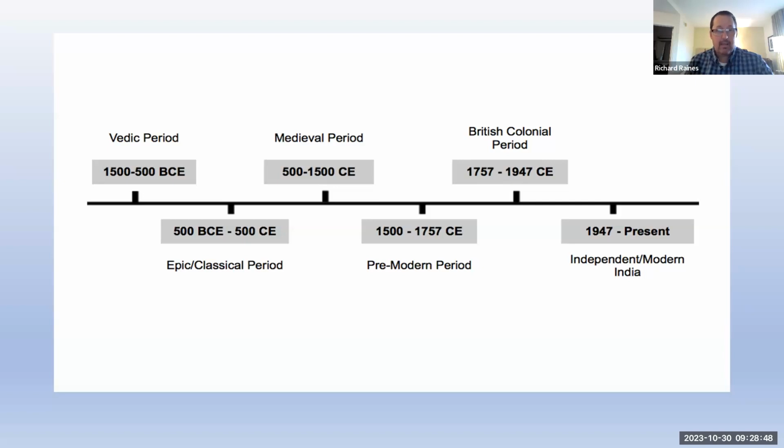What many people in academia have done is they've opted for different terminology because not everyone divides time according to the birth of Jesus, the founder of Christianity. So in academics, you'll see BCE, which means before the Common Era, and CE, which means Common Era. There is a direct overlap between BC and BCE and AD and CE. So the time periods are the same. It's just different terminology that has risen to the top in academics.